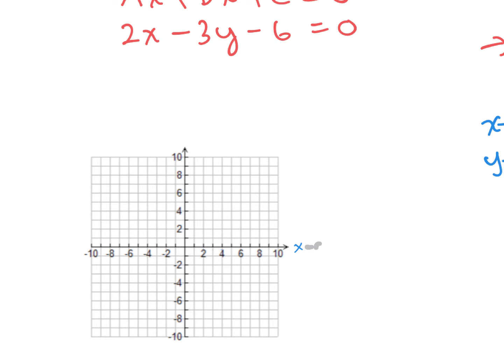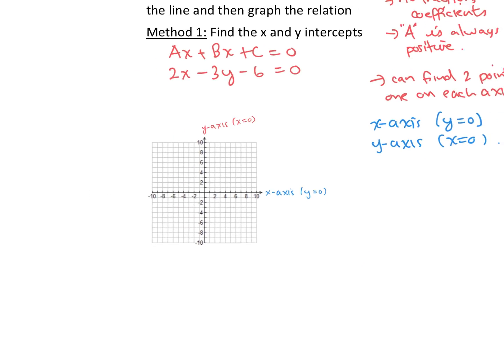So we can use that information. On the x-axis, y equals 0. On the y-axis, all these points have a value of x is 0. So how can we use this information to find a point?